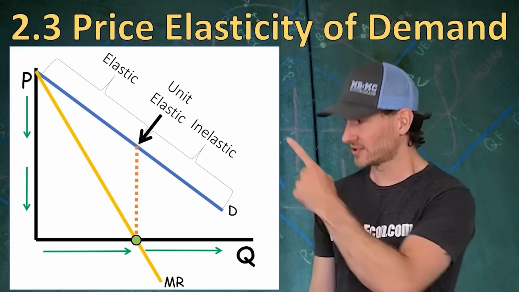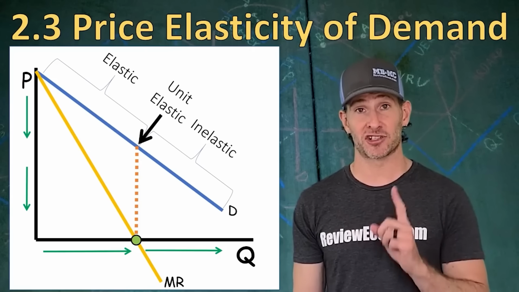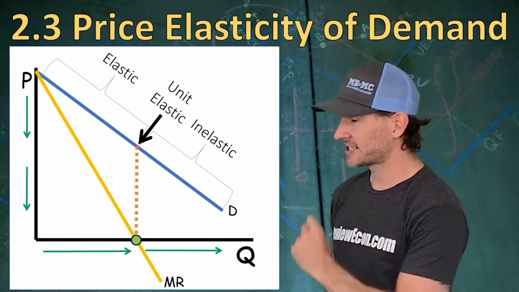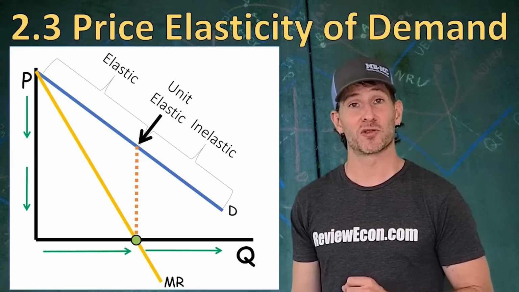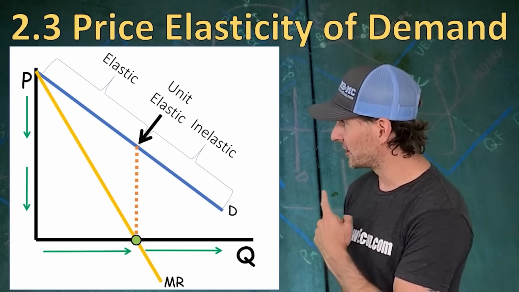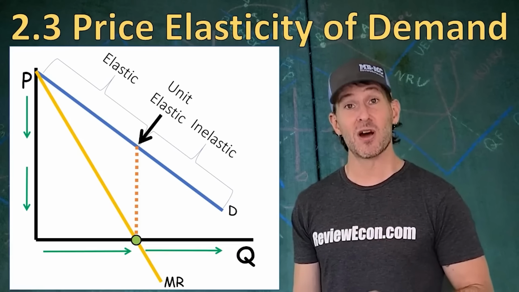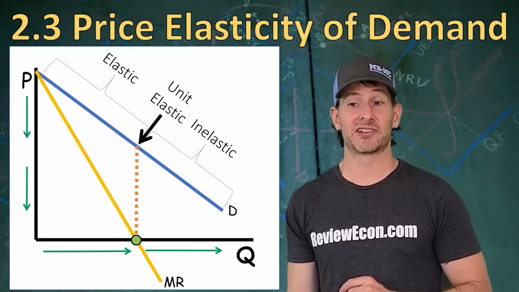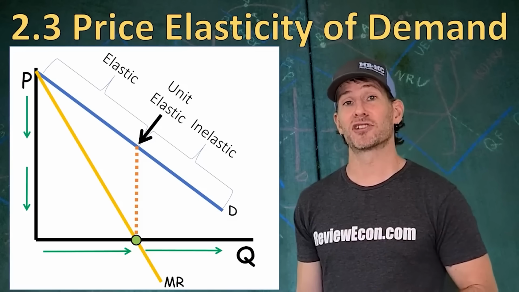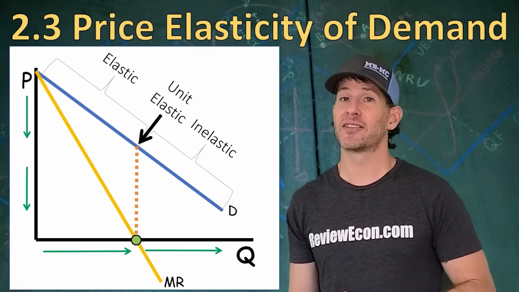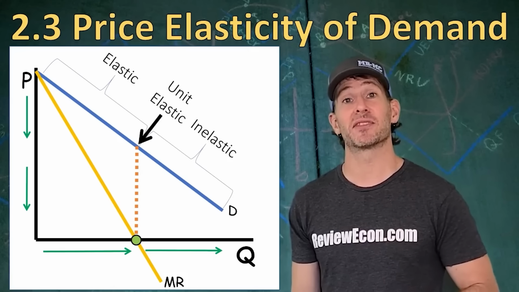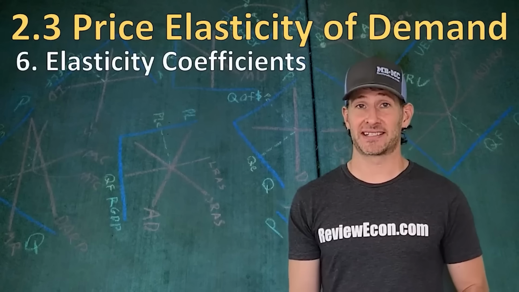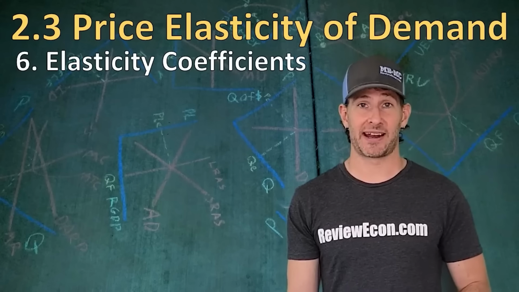In fact, all downward sloping demand curves that are straight or linear will have these three sections: an elastic portion at the top where marginal revenue is positive, a unit elastic point in the middle where marginal revenue is 0, and an inelastic range near the bottom where marginal revenue is negative. Take a look at that marginal revenue curve and it will tell you what the demand curve is above regarding elasticity.